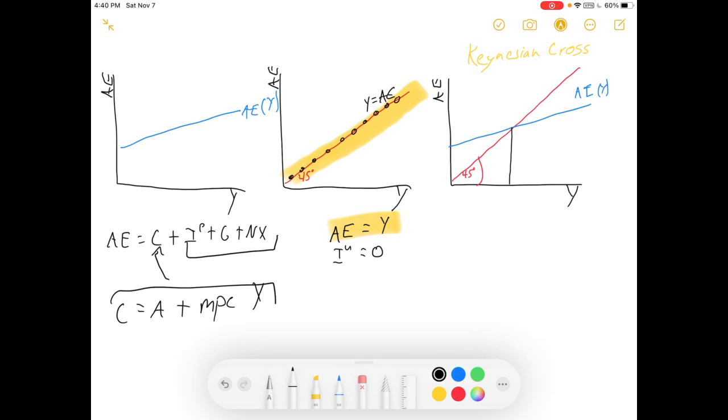Well, the red line tells me every point where those two things are equal to each other, where GDP equals aggregate expenditure. This intersection is the only point where the blue line touches the red line. And so that is where aggregate expenditure does in fact equal GDP.